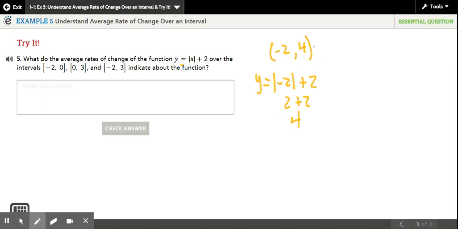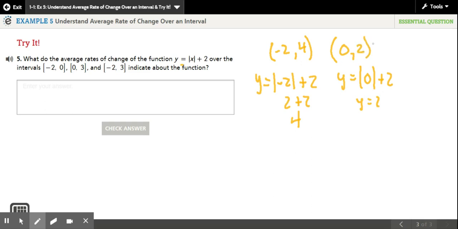Now we need to figure out the ordered pair where x is 0. We're going to do the same thing. So y is equal to the absolute value of 0 plus 2. Absolute value of 0 is 0, so y is equal to 2. So the ordered pair would be 0, 2.